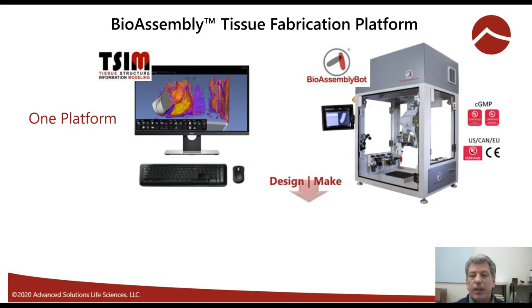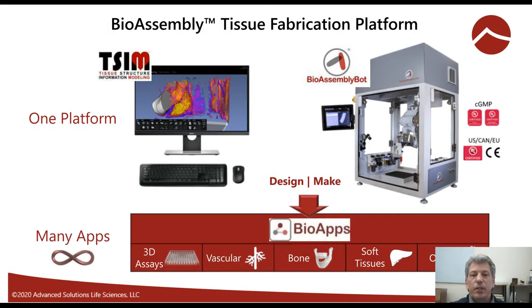And really take a design and make strategy with our second set of software called BioApps that allows this single platform, which is agile and flexible, to build a variety of different tissue types. So with this platform and our isolated microvessel approach, this is where we really started to explore and develop those strategies and protocols for building these tissue models.